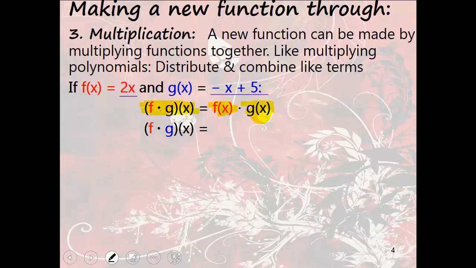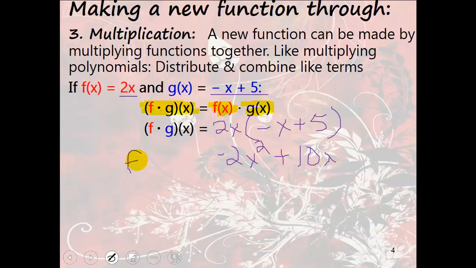So I'm going to do 2x times negative x plus 5. I'm going to distribute, so I get negative 2x squared plus 10x. That's my function f times g of x. Negative 2x squared plus 10x.